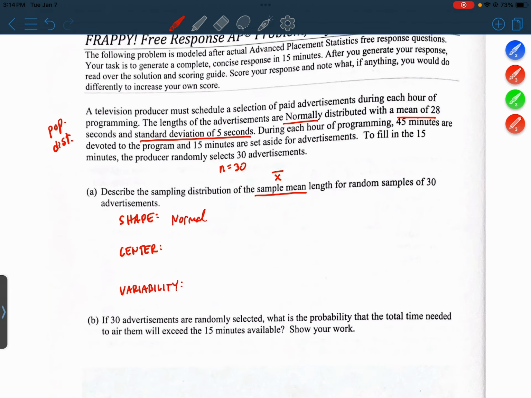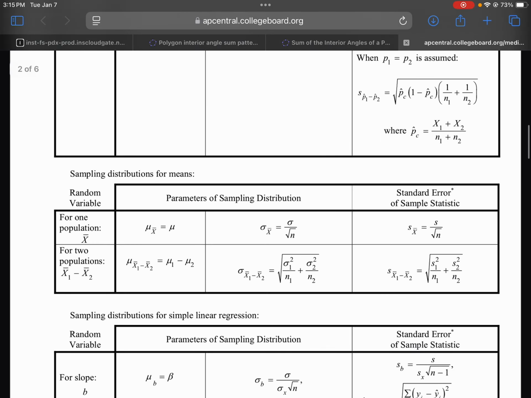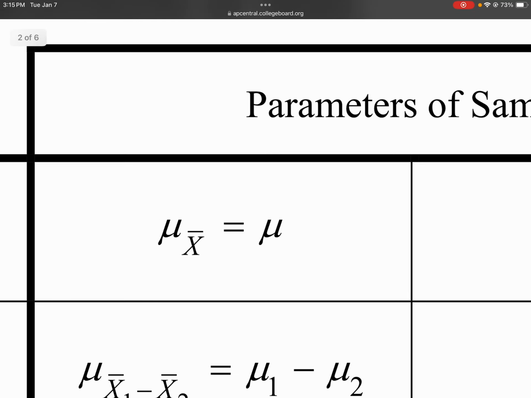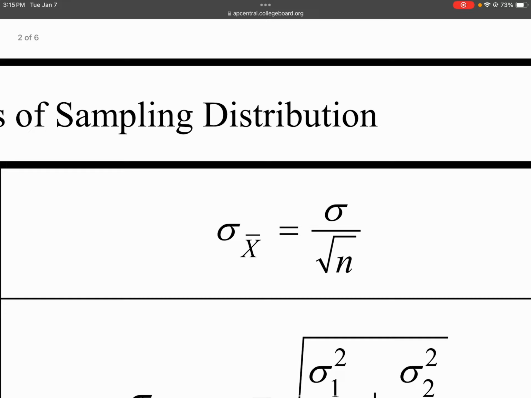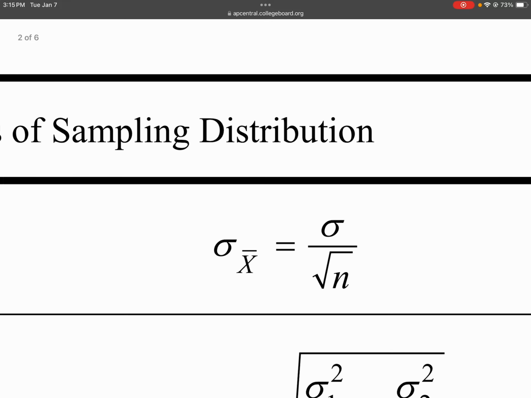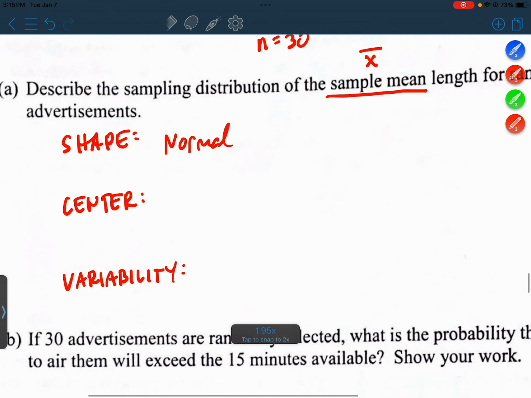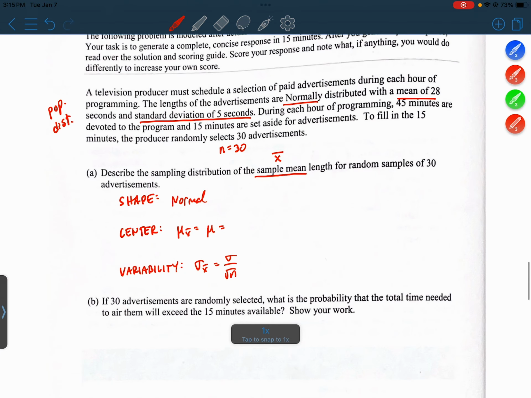All right, for center and variability, again, we're just going to refer to our formula sheet here. Here's how we're going to calculate the center or the mean of the sampling distribution. And here's how we'll calculate the variability or the SD of the sampling distribution. All right, so the mean is just equal to mu, and the standard deviation is equal to sigma over root n. Okay, so probably should have labeled this at the beginning.